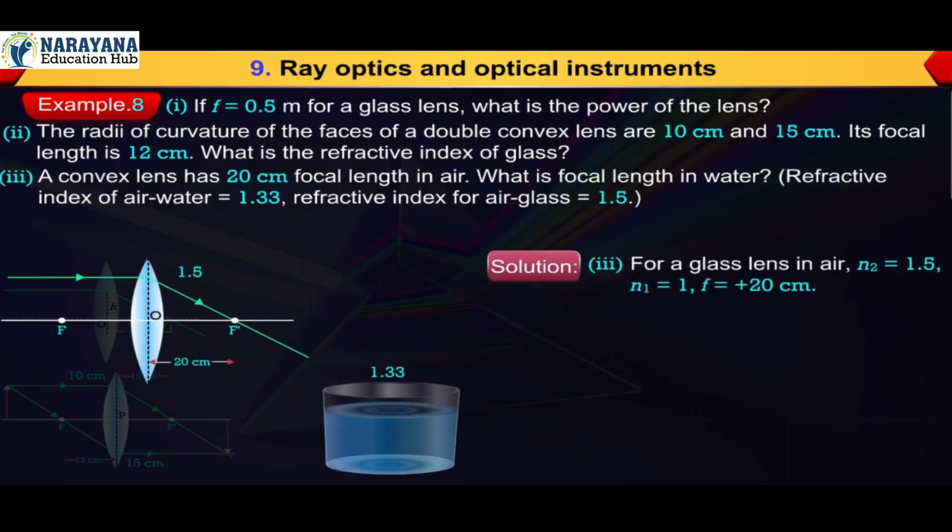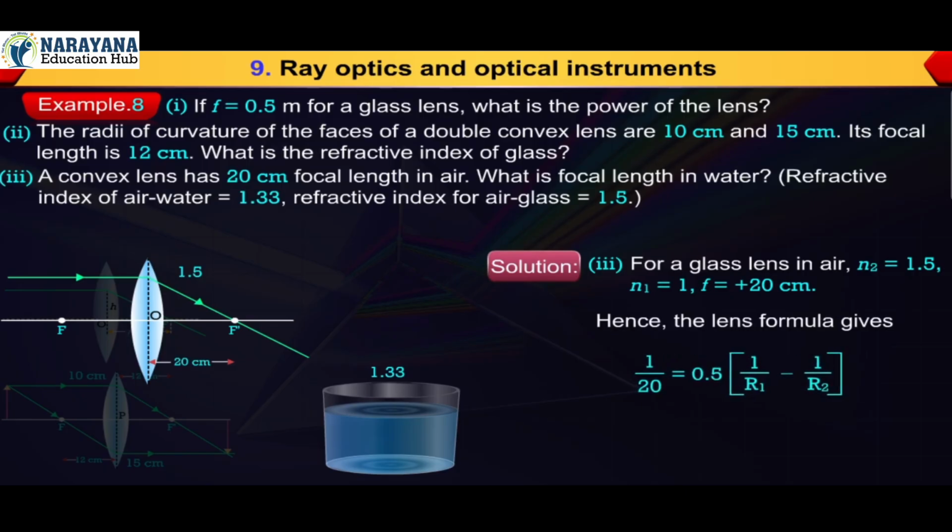Number 3. For a glass lens in air, n2 is equal to 1.5, n1 is equal to 1, f is equal to plus 20 cm. Hence, the lens formula gives 1 upon 20 is equal to 0.5 into 1 upon r1 minus 1 upon r2.